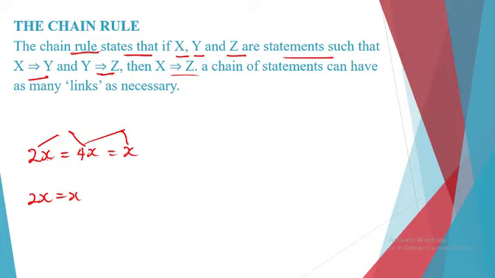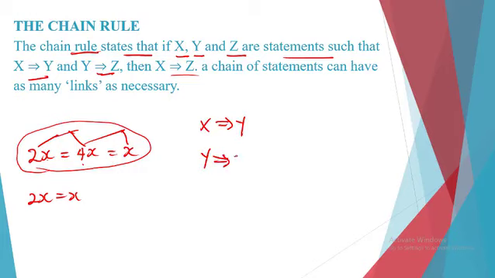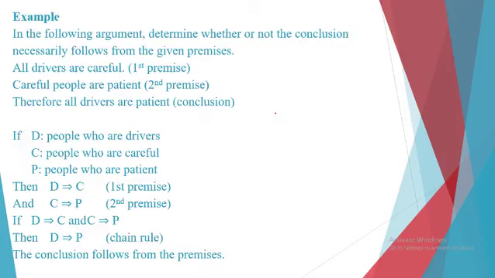If we say that the equation here is equal to this and is equal to this, it means that the three of them are equal and therefore we can just come to the conclusion that 2x is equal to x. Do we understand? That is exactly what we are saying here. So if we have x to imply y and y to imply z, it simply means that x is equal to z. Okay, so let us take an example to illustrate that.